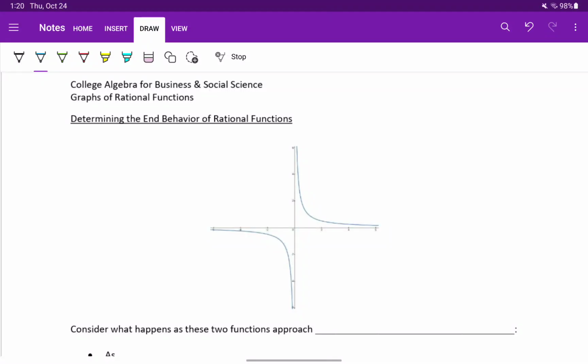We just looked at the behavior of the function as it approached an asymptote. Now what we want to do for that same function, f of x equals 1 over x, is consider what's happening to this function as it approaches extreme values for x.